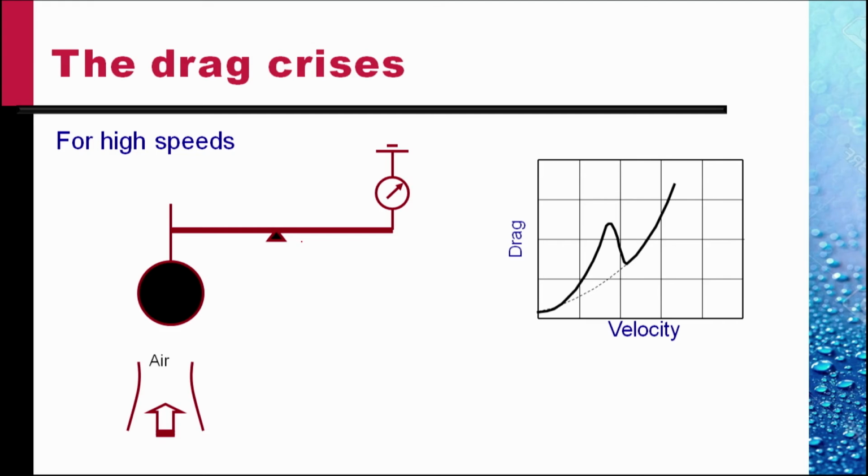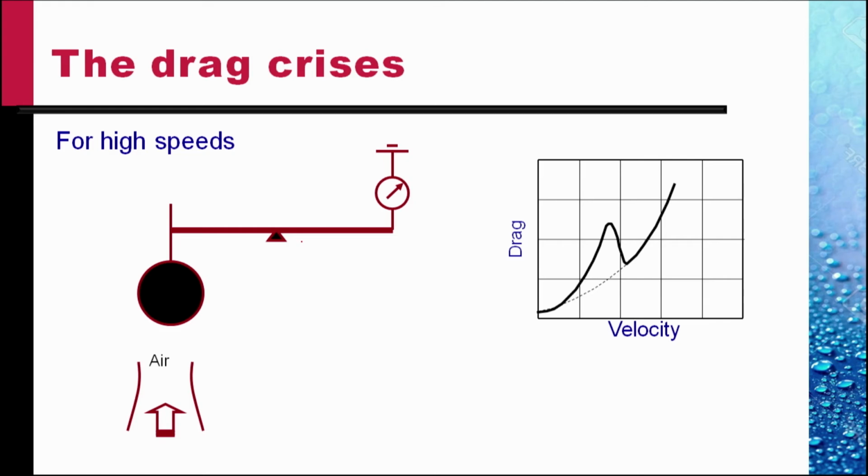The drag suddenly decreases, but then starts increasing again, again like v square, but this curve is lower than the initial curve. It is again varying like v square. That means the drag coefficient is again constant, but constant at a lower value than it was earlier.